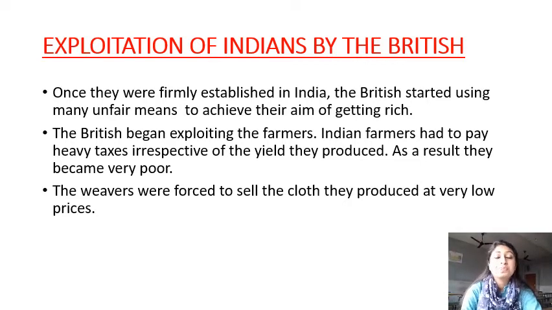So let's start. First point is, once they were firmly established in India, the British started using many unfair means to achieve their aim of getting rich. We know that after the Battle of Plassey and Buxar, they became more ambitious, and they wanted to control all of India very soon.